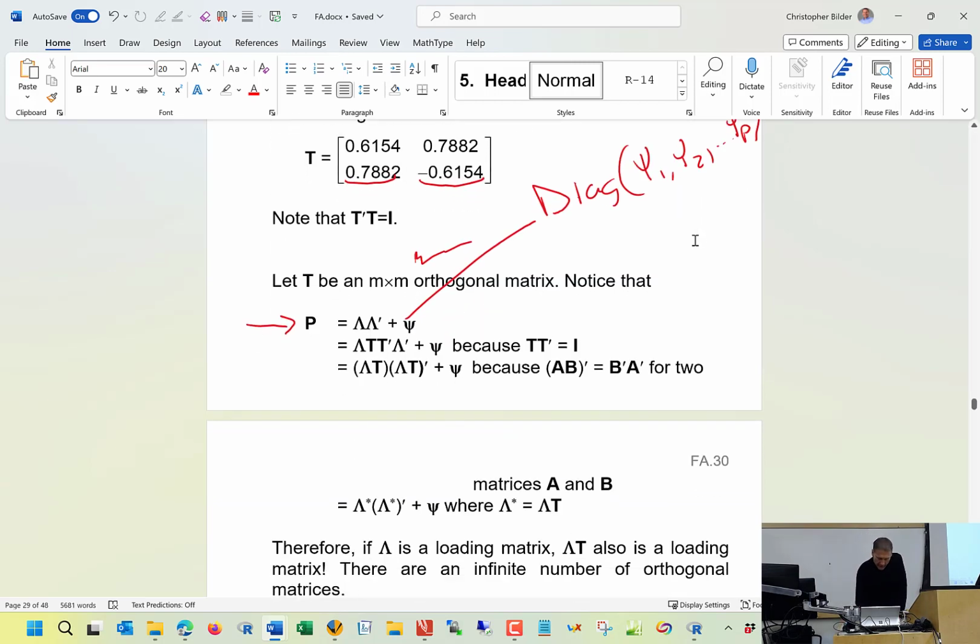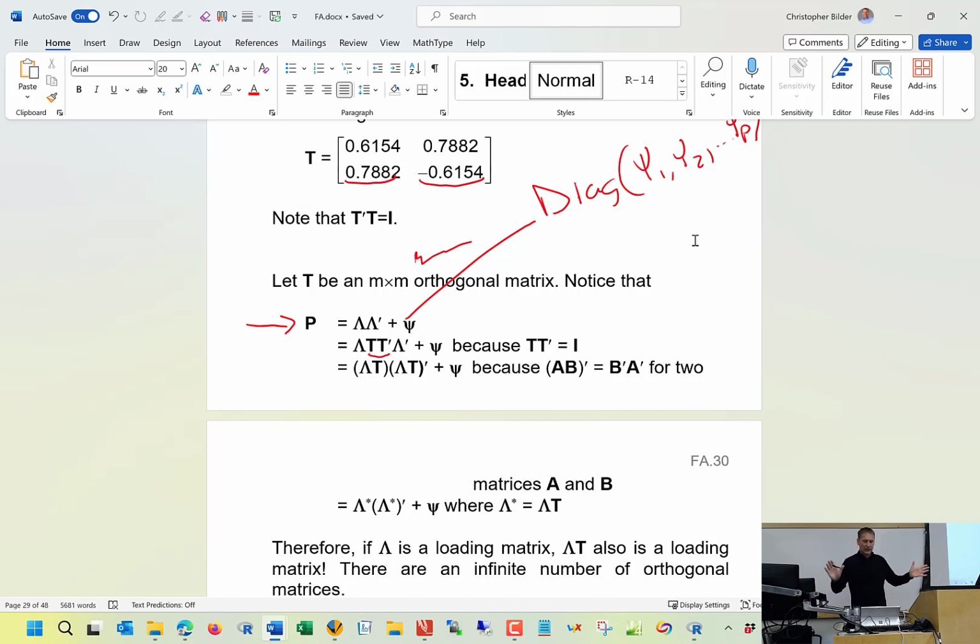Now, I'm going to do a little bit of a mathematical trick here. Suppose I put T and T prime right between these two lambdas. This doesn't change anything because T times T prime, or T prime times T, is equal to the identity matrix. The identity matrix times any other matrix gives that matrix back.